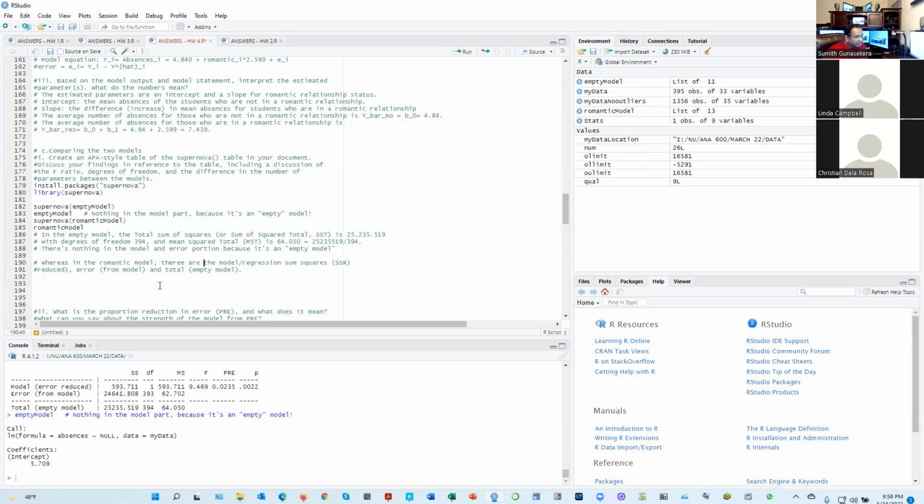The other one, the error sum of squares, SSE, and SST, the total sum of squares.